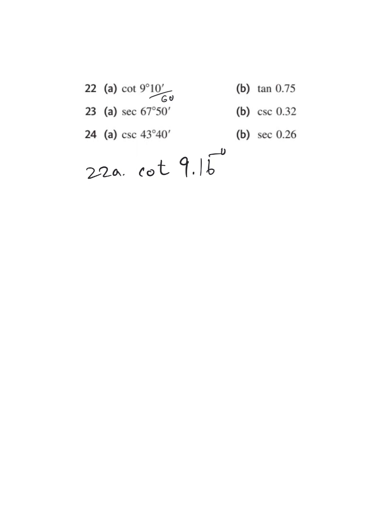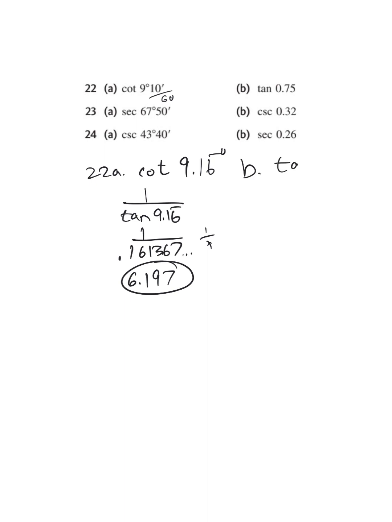And go ahead and do the tangent of 9.16 repeating, and you get 0.1613667 blah blah blah, and then hit the 1 over the x key, and that tells you what the cotangent is, 6.197. B, tangent of 0.75, put it in degree mode or radian mode and do tangent of 0.75, and there's nothing to change here, so it's 0.932.